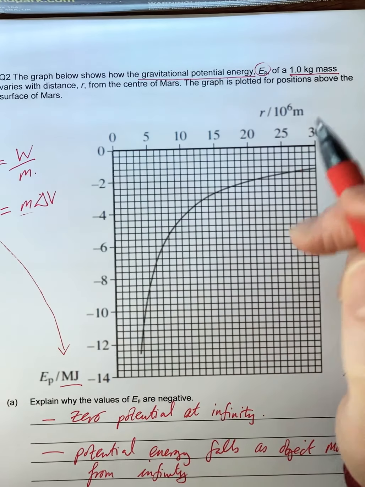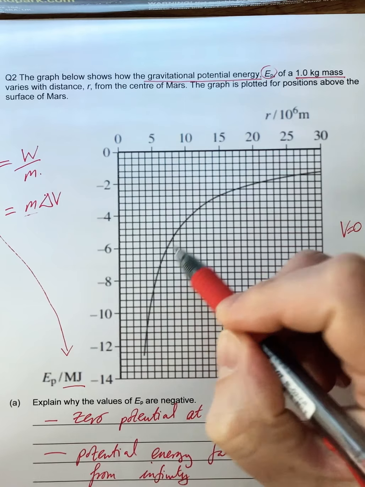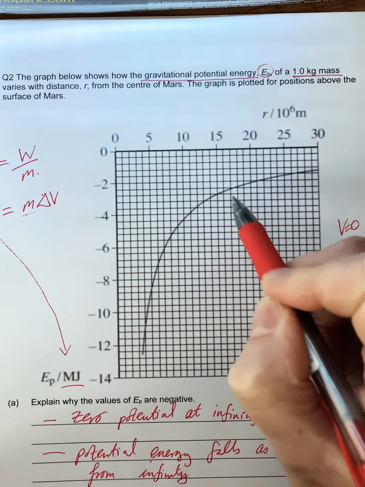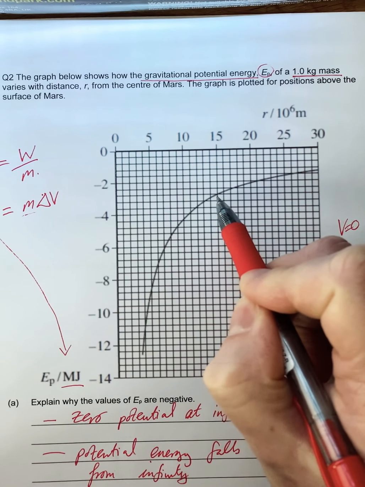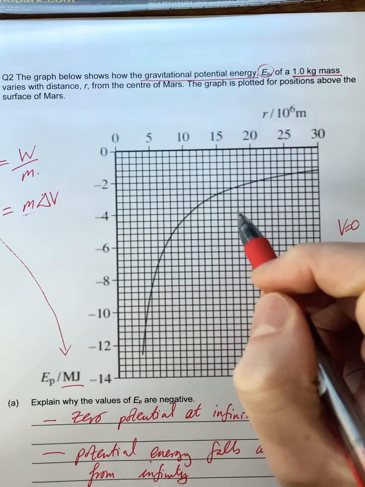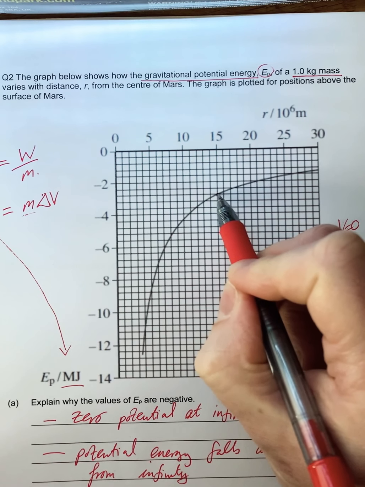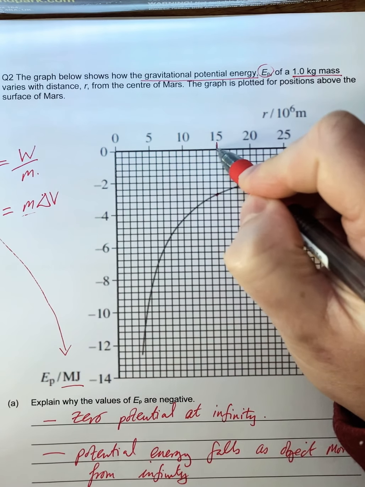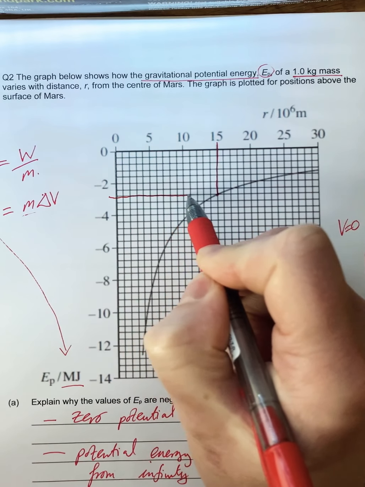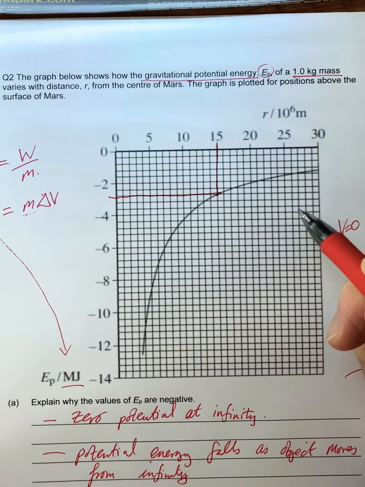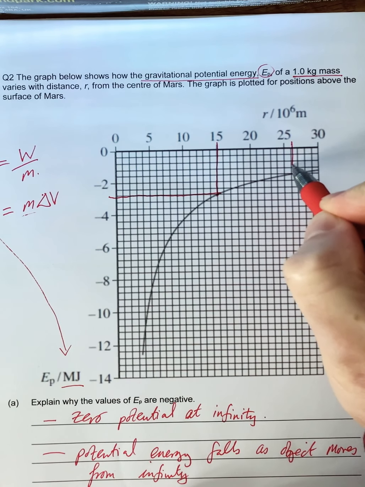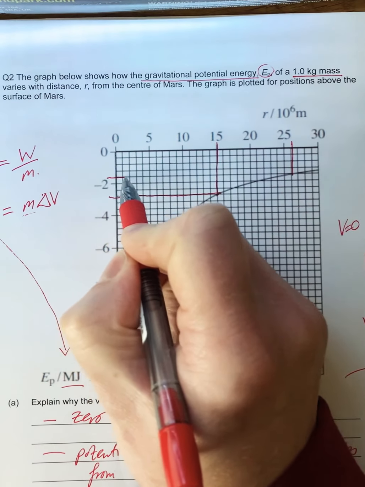When reading off a graph, it's easier to find a point on the line where the scale shows an easy point to reference, so you're not going in between squares. For instance, something like this, that point's quite easy to see. It meets the line there, and I can quite easily read off the scale here. Another point, there's a point, so we could read off that, and that would go off this line.